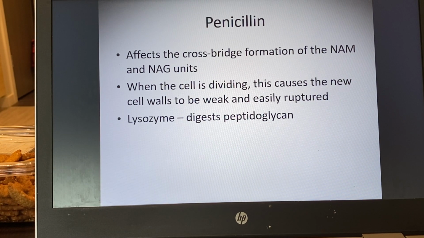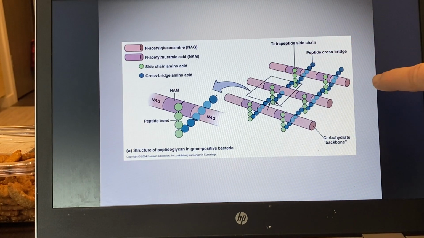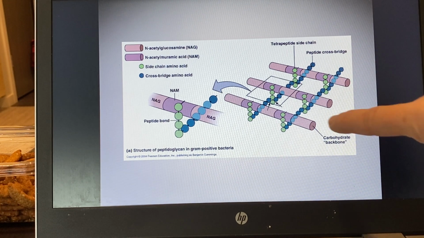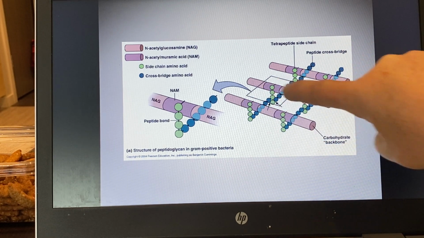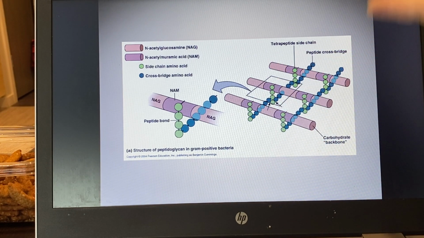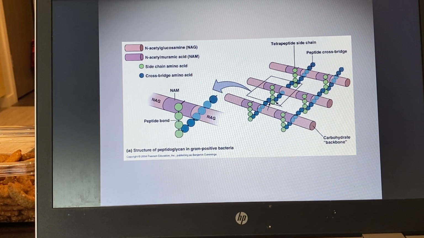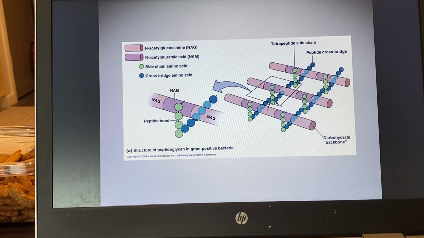What penicillin does is it doesn't prevent the glycan from being made. It doesn't prevent the protein from being made. What it does is it prevents the protein from coming in and stabilizing these sheets of sugar. And so instead of being a nice, strong, intact peptidoglycan molecule, all of this stuff kind of floats apart and the bacterial cell wall becomes very unstable.